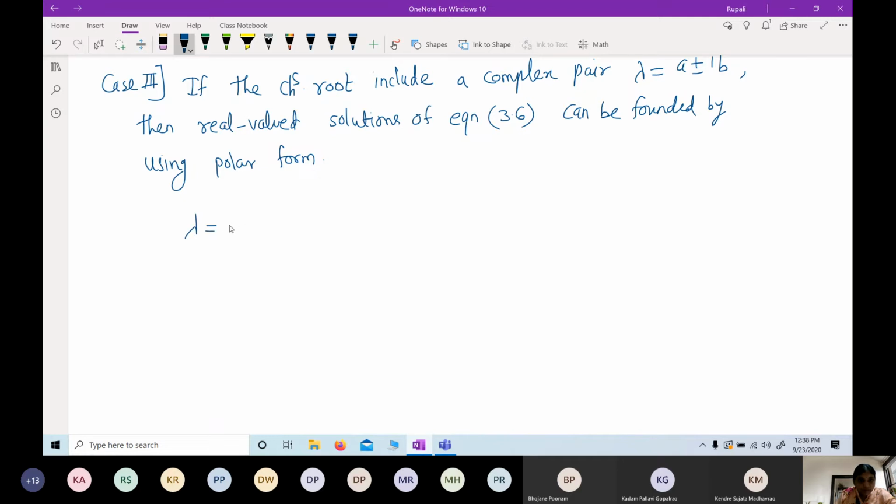So lambda is equal to r e raised to plus or minus i theta, which can be written as r times cos theta plus or minus i sin theta. If lambda is equal to a plus or minus ib, how will I write its polar form? R times e raised to plus or minus i theta, right?